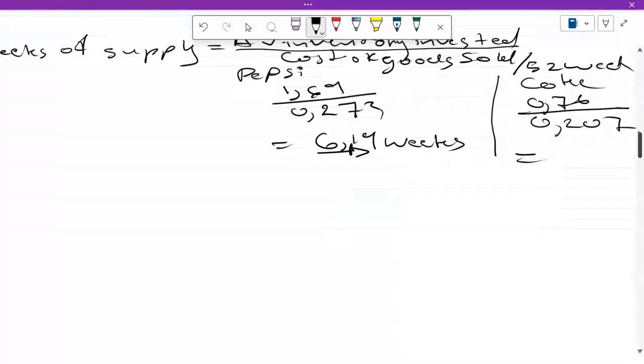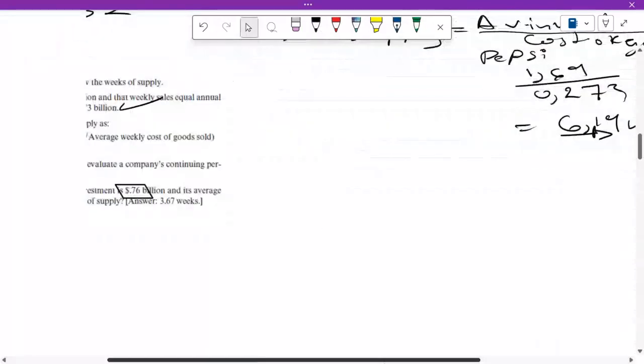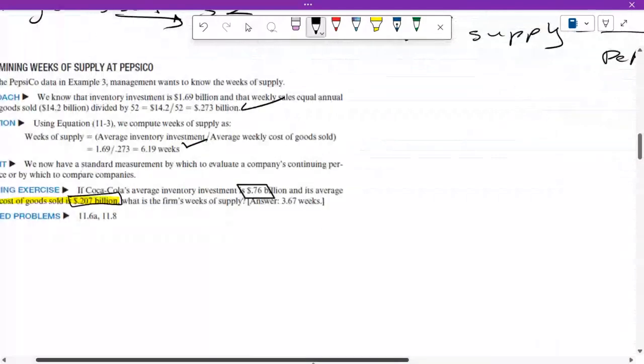The answer needs to match what is given, 3.67. 3.67, thank you. 3.67 weeks. They have to write weeks. Let's see, did they write weeks? You see, weeks. So the SI units are very critical, guys. You need to make sure you respect that.